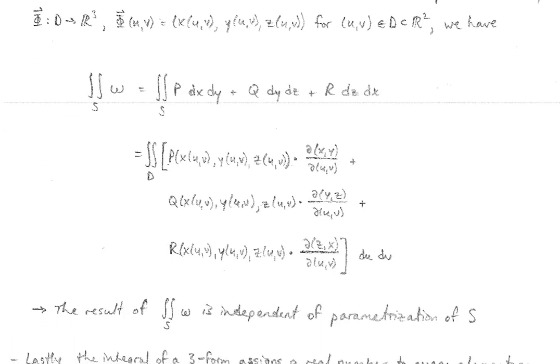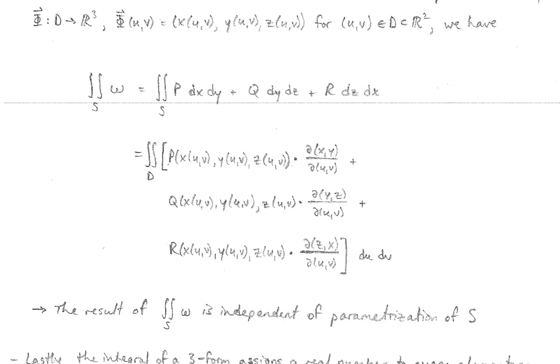And that's equal to the double integral over D of p times the Jacobian determinant of the partials of x and y with respect to u and v, plus q times the Jacobian determinant of the partial derivatives of y and z with respect to u and v, plus r times the Jacobian determinant of the partial derivatives of z and x with respect to u and v.